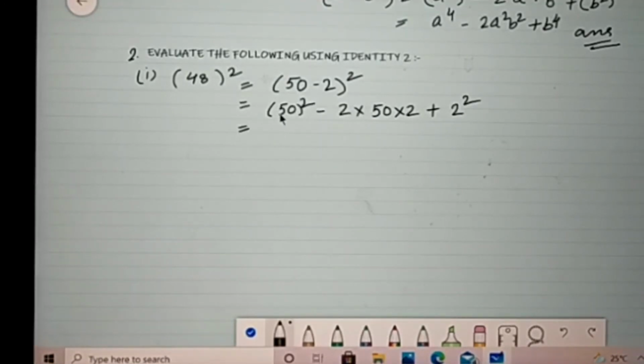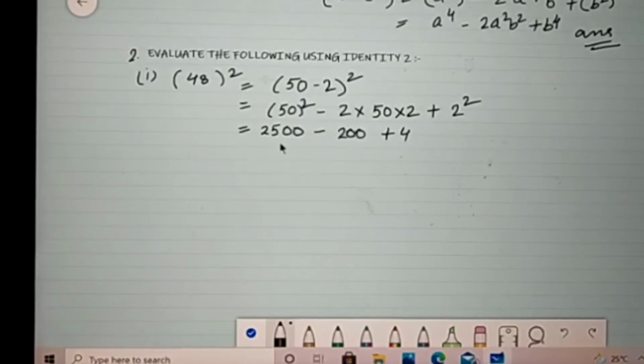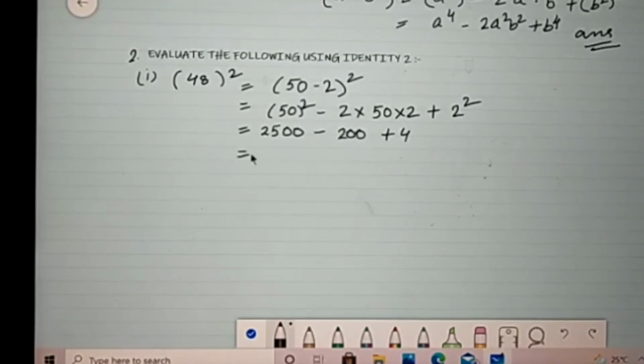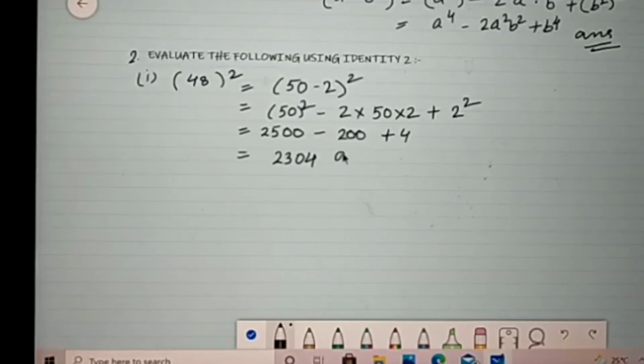So 50 square, 5 5s are 25 and in 100, 50 square is 2500 minus 2 5s are 10 and 10 2s are 20 and we write a 0, and then square of 2 is 4. So 2500 minus 200 is 2300 and 2300 plus 4 is 2304. This is the answer.